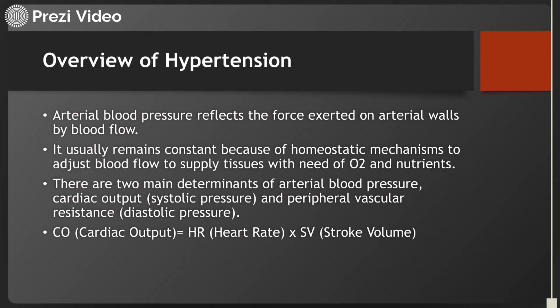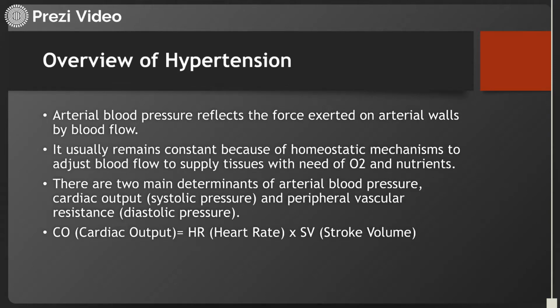So the arterial blood pressure reflects the force exerted on your arterial walls by blood flow. Think about your arterial vessel, because remember we have venous and we have arterial vessels. The venous, of course, have lower pressure, and they carry deoxygenated blood, versus the arterial circulation, which carries the oxygenated blood and usually branches to the main organs.